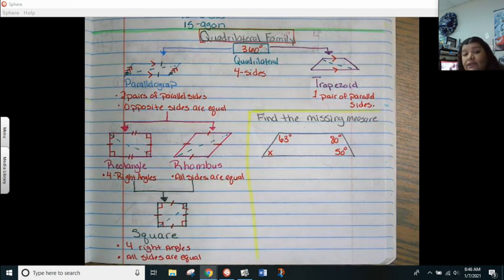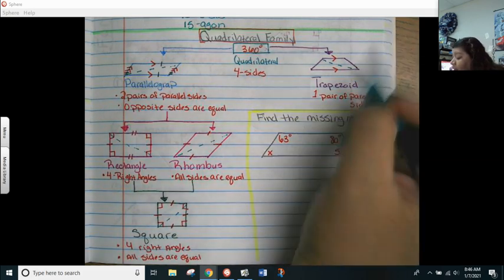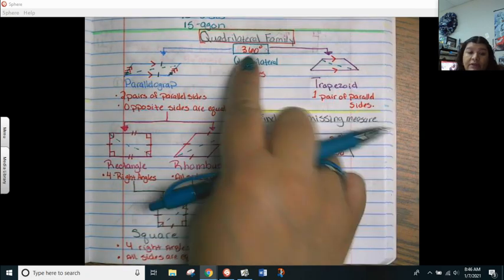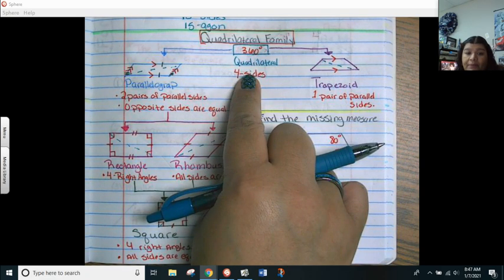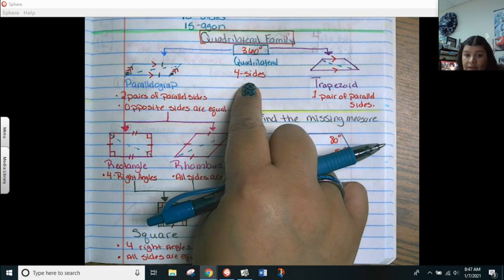So we can definitely say that all quadrilaterals add up to 360 degrees, and they have 4 sides. Now, there's 2 sides of the family. So make sure you write this down: 360 degrees, quadrilateral, has 4 sides.